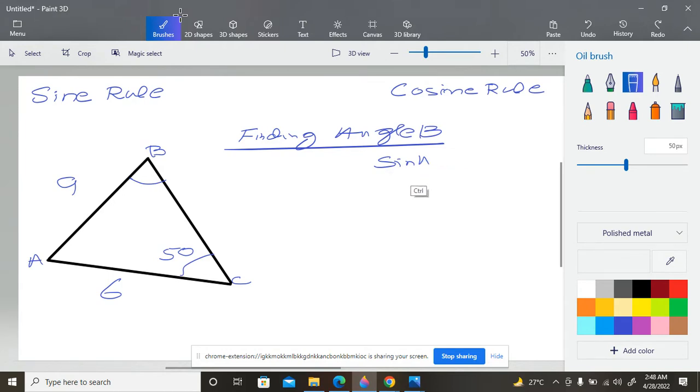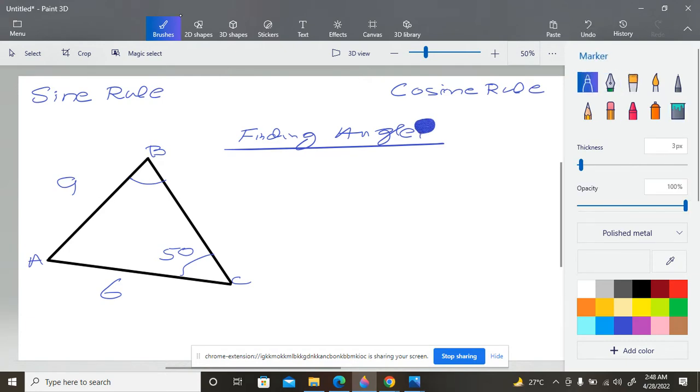For example, I want to find angle B. For angle B, I have to see what is available to me. I don't have angle B, but I have the side opposite to angle B, which is my small b.